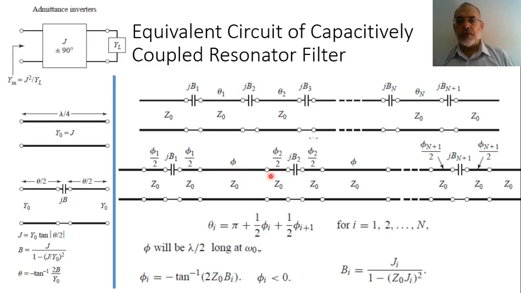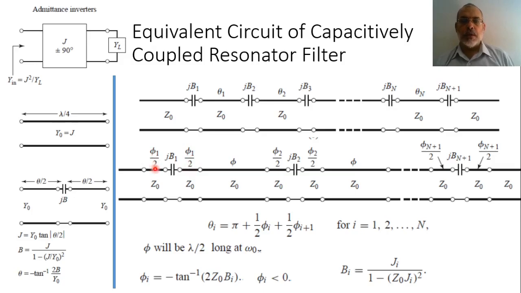So all the sections phi have a physical length of lambda over 2. Now JB1 is replaced by JB1 connected on both sides to a phase shift phi 1 over 2, phi 1 over 2.